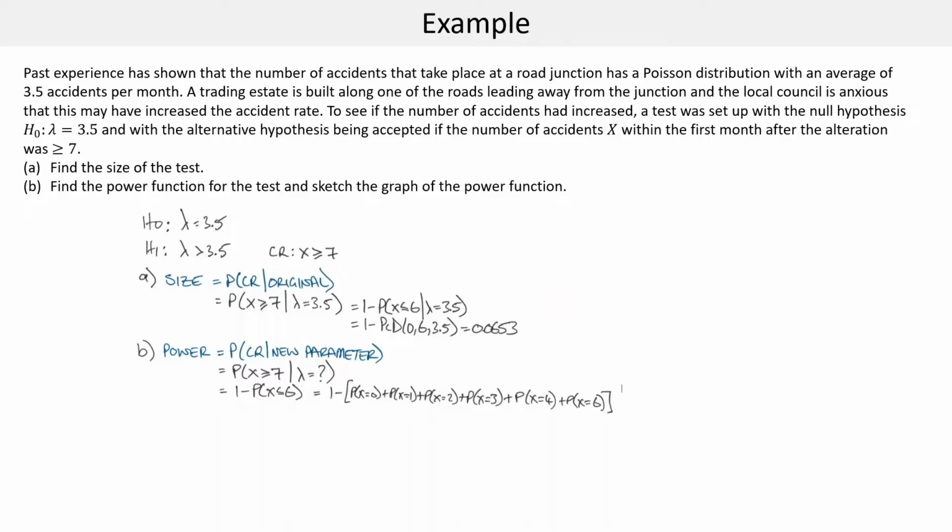We're going to be using e to the negative lambda, lambda to the power of x over x factorial. This was the probability function for the Poisson distribution. So we'll substitute 0 for the first term, 1 for the second term, 2, all the way up to e to the negative lambda, lambda to the power of 6, all over 6 factorial.